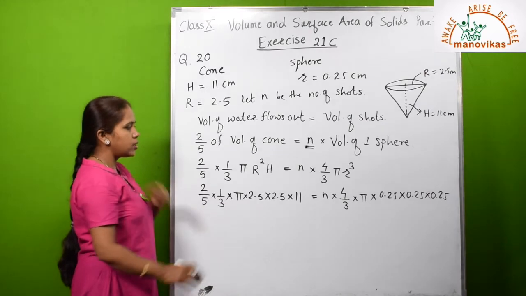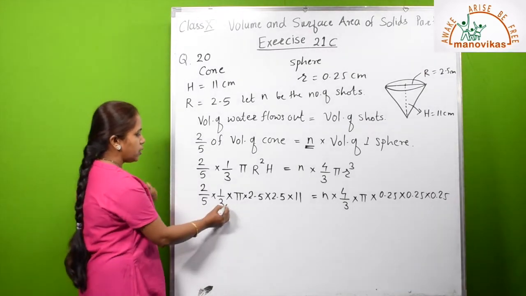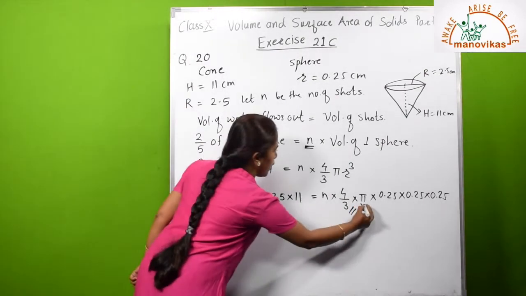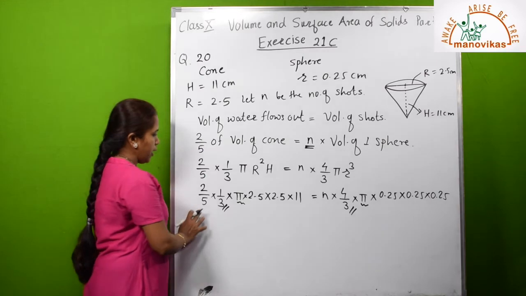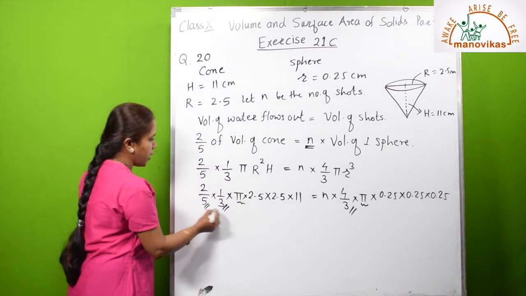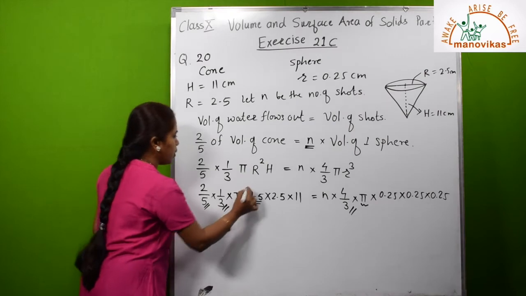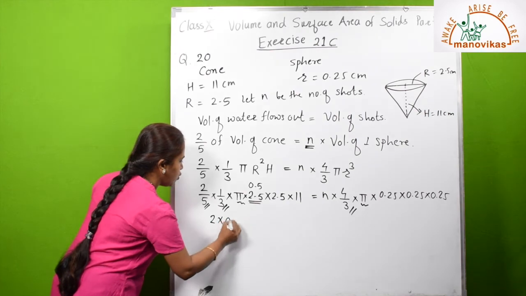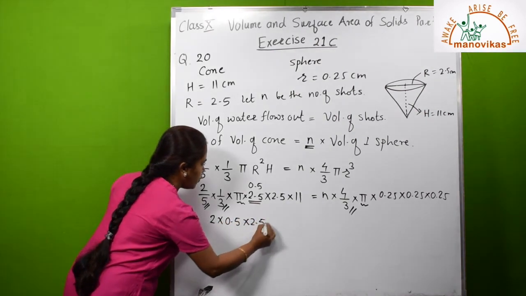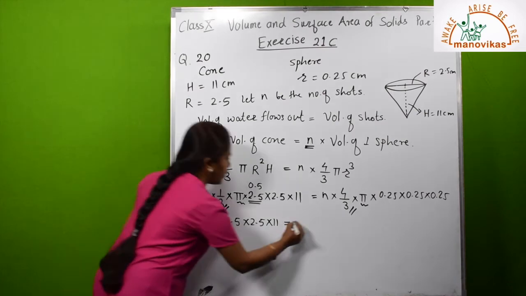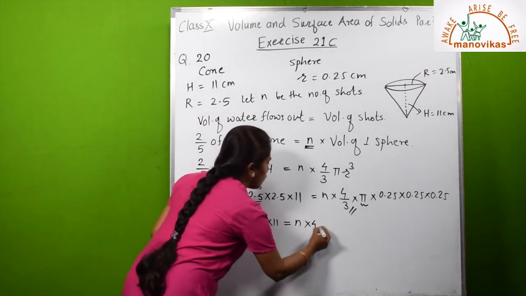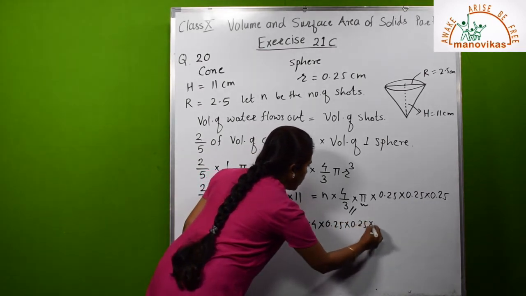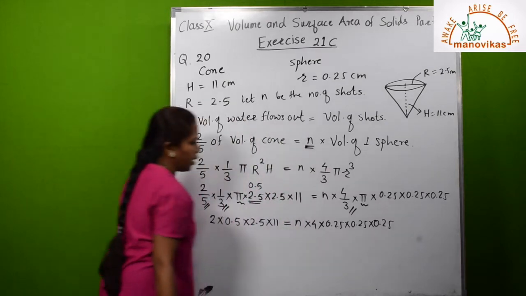Okay, now which are the similar terms we can cancel here? This 3, pi we can cancel and simplify, this 5 divided by this term will be 0.5. Okay, so 2 into 0.5 into 2.5 into 11 is equal to n into 4 into 0.25 into 0.25.